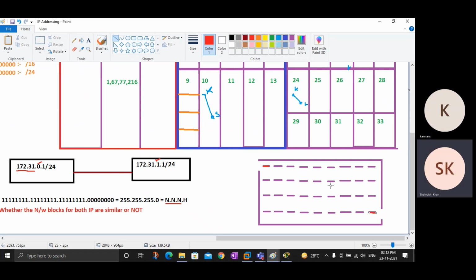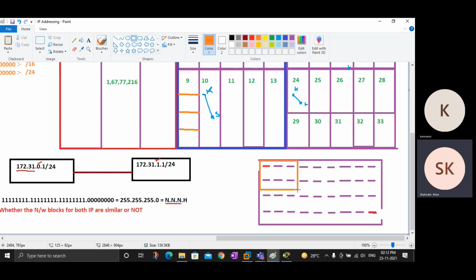But later on, what I did, I divided this whole room into multiple parts. Before there was only one room, and let's say each tier had a number starting from 1 and ending at, let's say, 250 or 200, just for example. So starting from 1 and ending at 200.